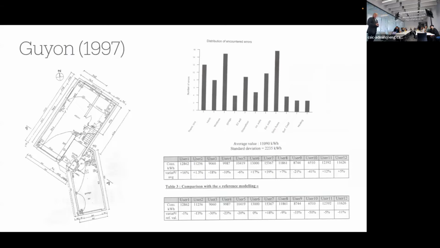But if we look to the literature, we see that this is a result that we see time and time again. This is one of the earlier studies that was looking at the sources of error in building performance simulation predictions out of France. There were 12 users using the exact same simulation tool, all fairly extensively trained and professionals using the tool, and they produced results all over the map as well.